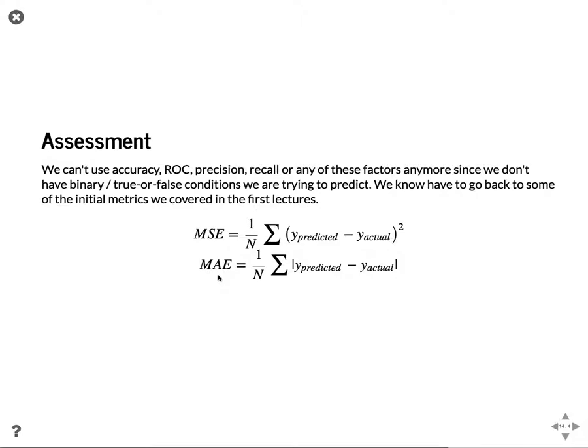So depending on how much outliers actually cost you or how much they damage what you're doing, it might be important to use mean squared error over mean absolute error. These are all the things you want to consider when you're doing these problems: what is the metric you're trying to improve.